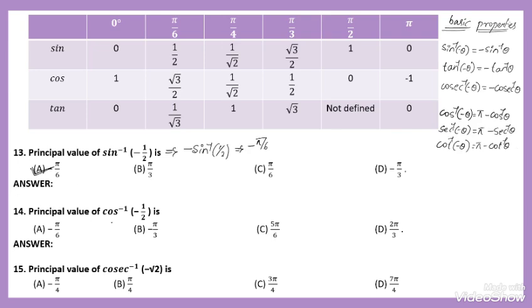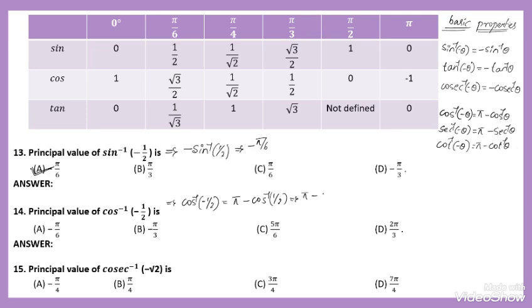Then, the principal value of cos inverse of minus 1 by 2. According to the property, cos inverse of minus 1 by 2 can be written as pi minus cos inverse of 1 by 2. What is the value of cos inverse of 1 by 2?